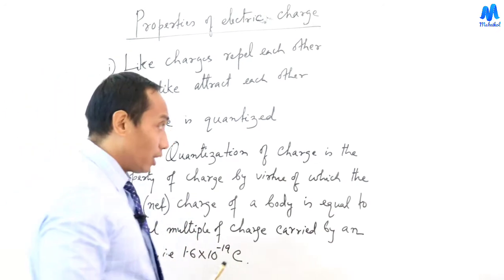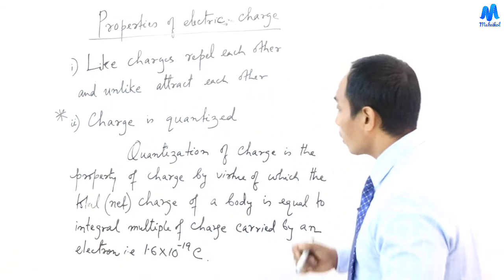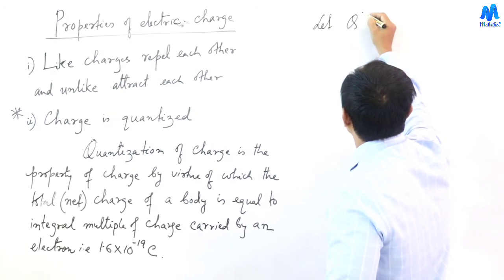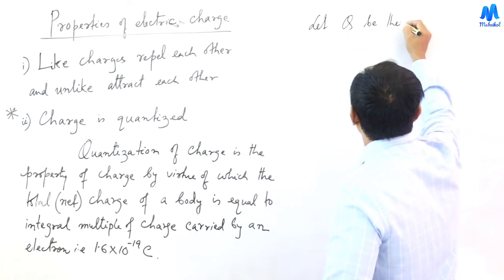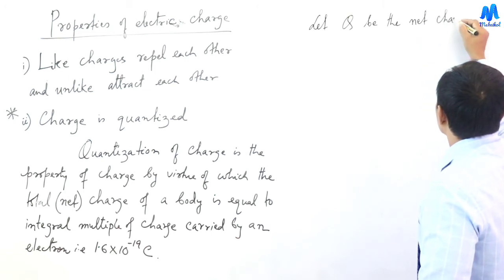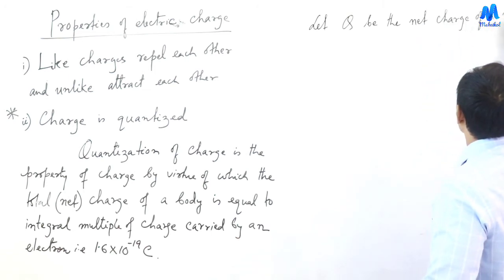So mathematically we may write like this. Let capital Q be the net or total charge of a body.